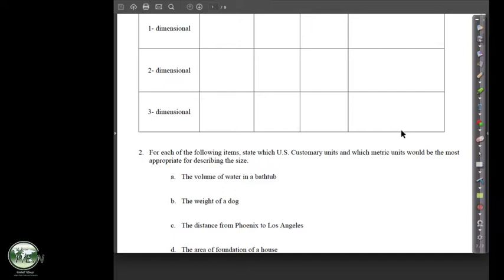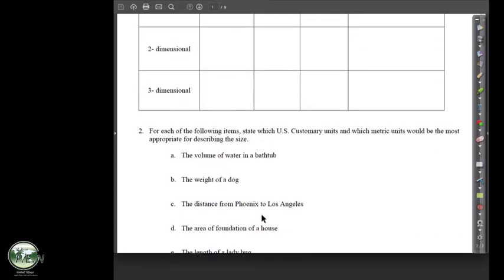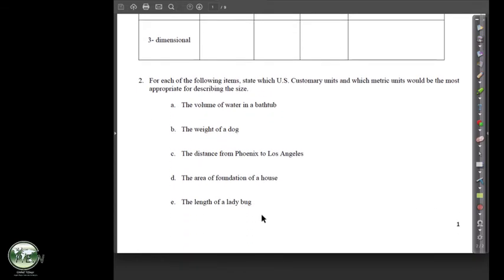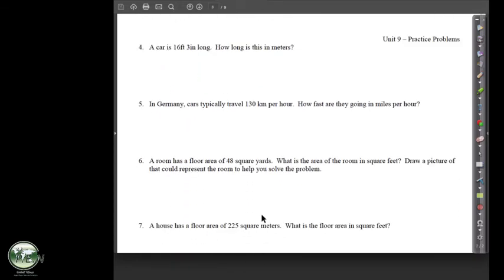So I'm going to make the assumption that you kind of know what to use. Like if we're going to weigh a dog, what units would you usually use? Would you want inches for the weight of a dog? No. What would you want? Probably pounds. Or if you're in Europe, kilograms. We'll just start here.